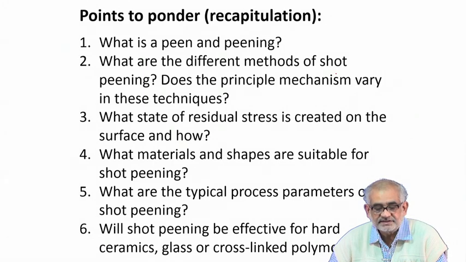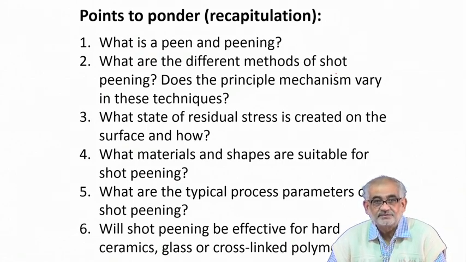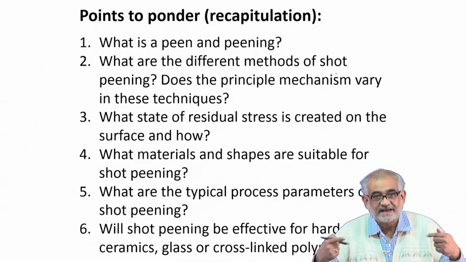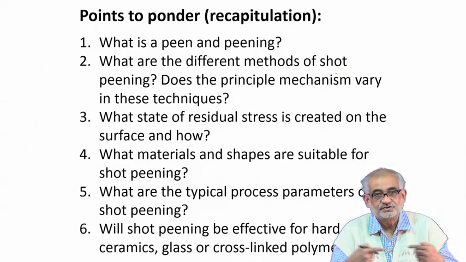The state of residual compressive stress is created because of the mechanism that I just explained: you deform, you indent, the material flows, and the reaction to that is to pull the material in towards the center. So you create a state of stress which acts towards each other.